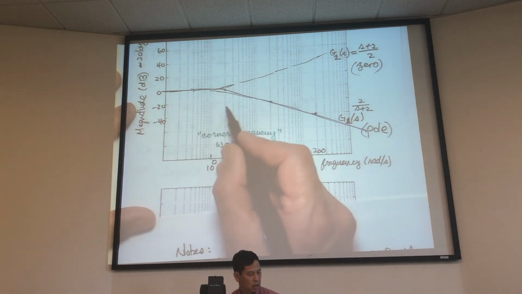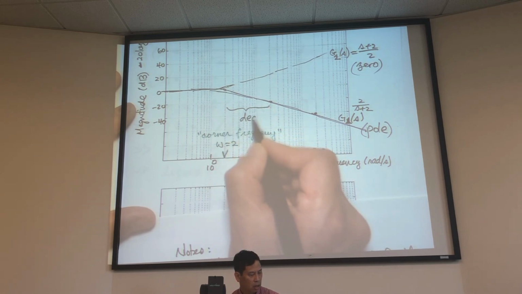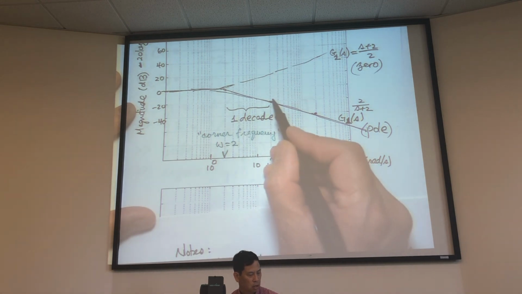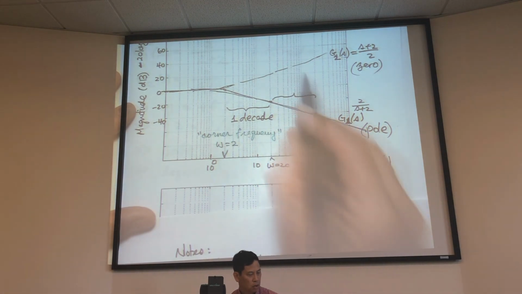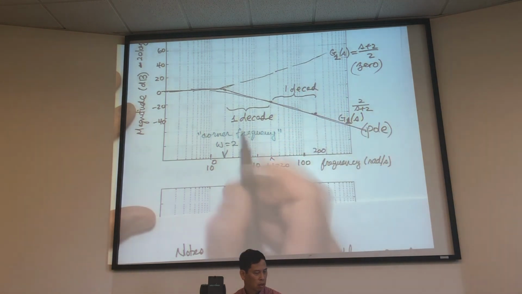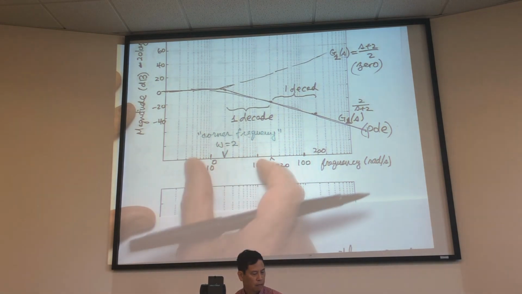Okay, so this distance from here to here is what we call a decade. This is 1 decade. This distance from here to here is also 1 decade. If I go from 10 to the 0 to 10 to the 1, that's 1 decade.